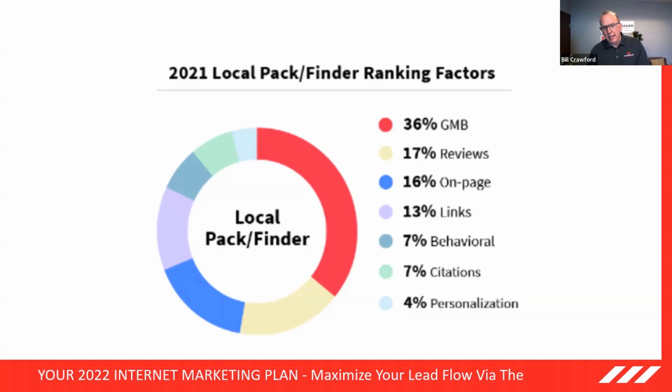Reviews, 17%. Gosh, if there's anything that you take out of this webinar, it's reviews. You are in total influence of where you rank based on reviews. This other stuff, sometimes you might have to hire an agency to do it. Some of these things you could do yourself. Whether you're our client or not, you should be aware of these things so that you know someone's working on your behalf to drive your ranking up.